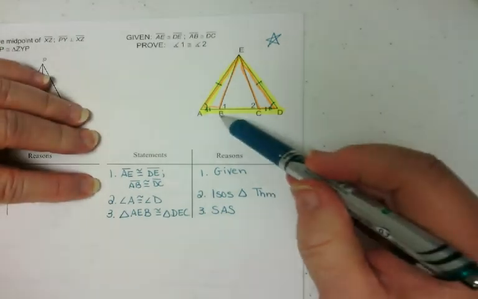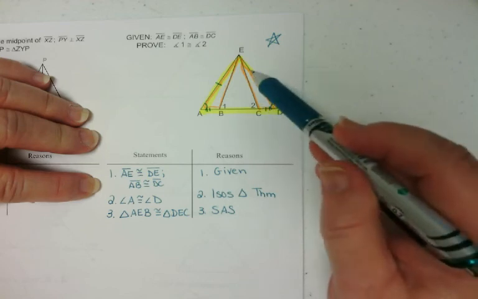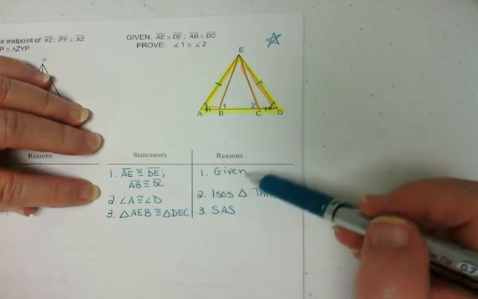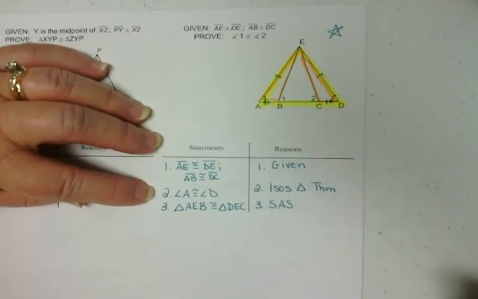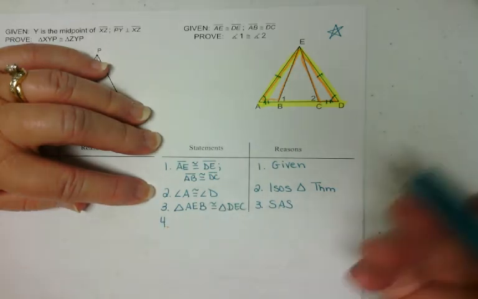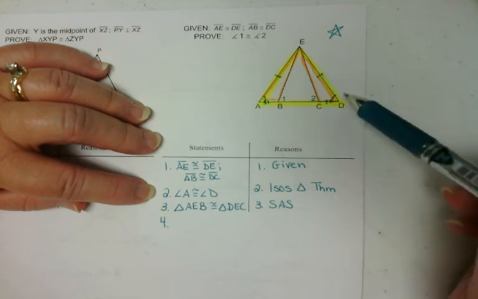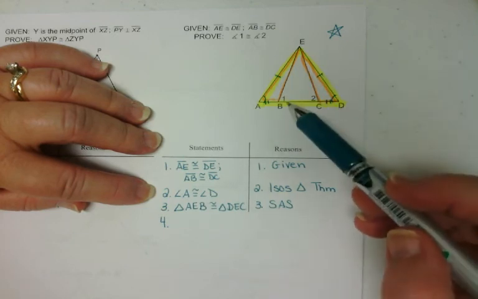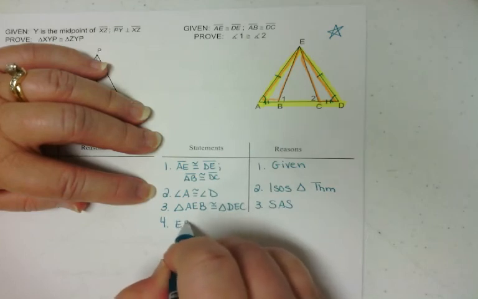So we said that these orange triangles on the outside ended up congruent because of SAS. All right, now watch what I'm going to do. I'm going to use corresponding parts of these 2 orange triangles, and that's going to help me out. I'm going to use EB and EC.